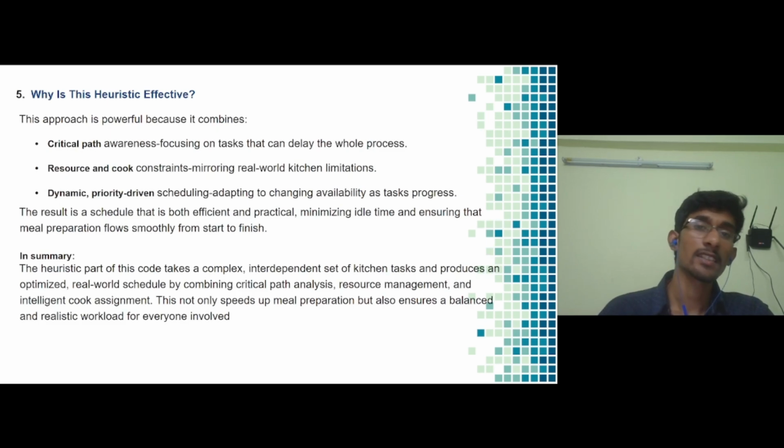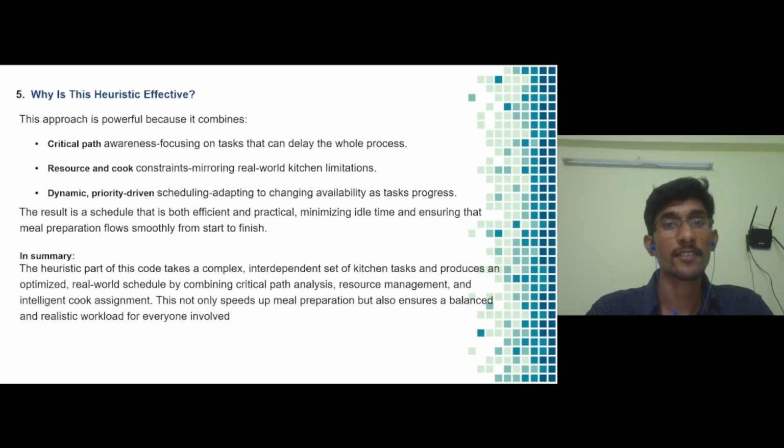And the fifth thing is why the heuristic that we have used is effective. This approach combines the critical path, where we focus on tasks that can delay the whole process, resource and cook constraints, and dynamic priority-driven scheduling, which adapts to changing availability as tasks progress. So the result is a schedule that is both efficient and practical, minimizing idle time and ensuring that meal preparation flows smoothly from start to finish.